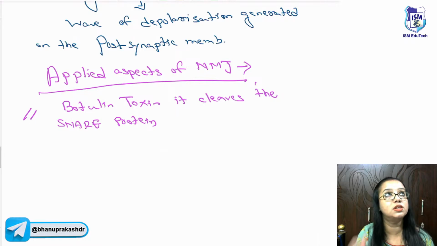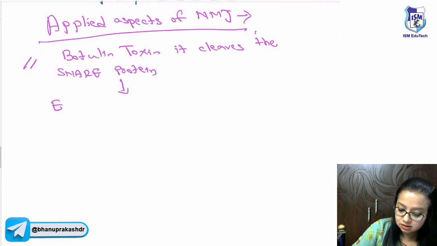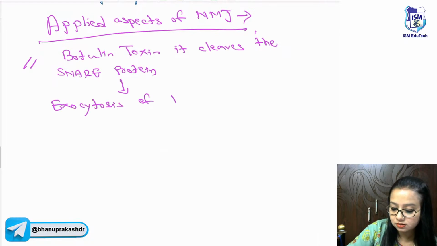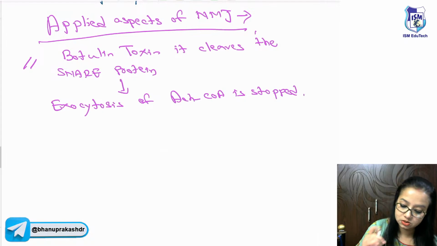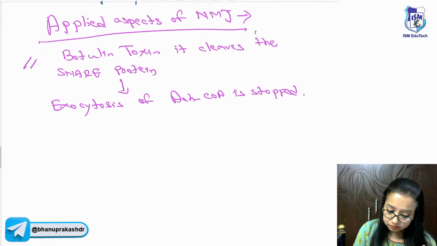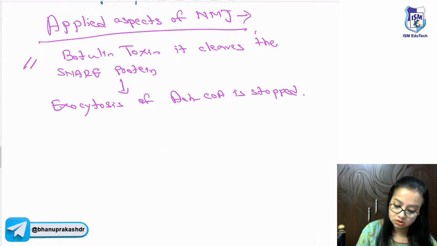Various units of SNARE protein are cleaved by the botulinum toxin's various subtypes. When botulinum toxin cleaves the SNARE protein, the exocytosis of acetyl-CoA is stopped. Like that, this mechanism can also be used in warfare, but we have studied it is prohibited.